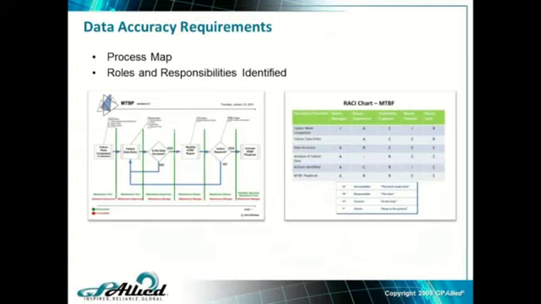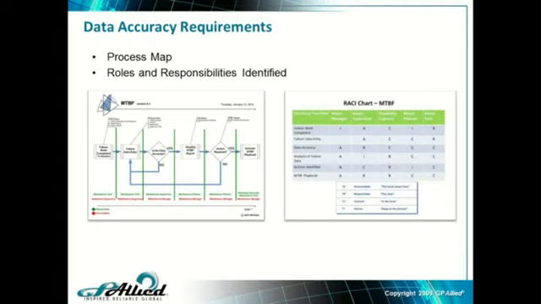Talked about earlier about data accuracy. Now, this is a key one. If you want to have accurate data, you need to develop a process map saying, how do we close out the data? The first time that I developed one, I found it was a little bit more complex than I thought. But once you develop a process map, then I'm going to develop a RACI chart.